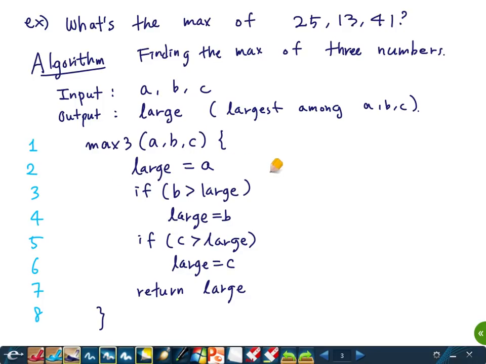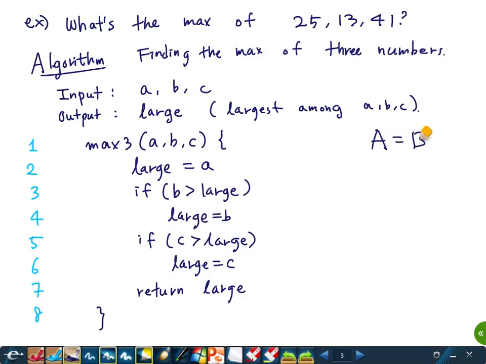Now, the second line, let's look at the second. It always goes from the top and goes down line by line. Large equals A. This means we set this to be this. So large is now A. What is A? The first number of the input. By the way, this is not exactly the same as the equation that we use in mathematics. What is A equals B?